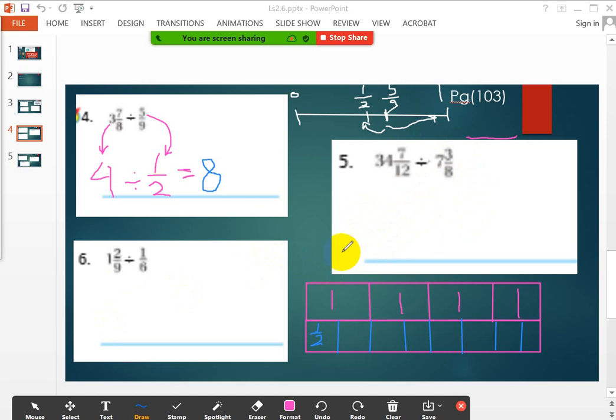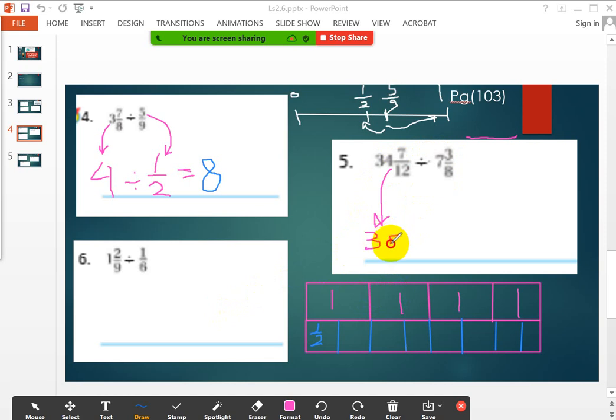I want you to round this number into the closest number that's able to divide by 7. What is the closest number to 34 that's able to divide by 7? 35. Very good. Excellent.